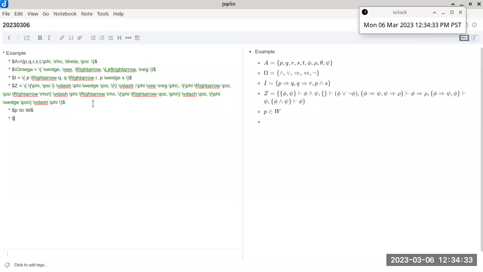Okay, and then we can make fancy stuff, like P and P. It is also in W, right? Because the conjunction is a binary operator, and we already know that P is well-formed. So when you have two sides of the operator being well-formed, then the overall expression, which is P and P in this case, is also well-formed.